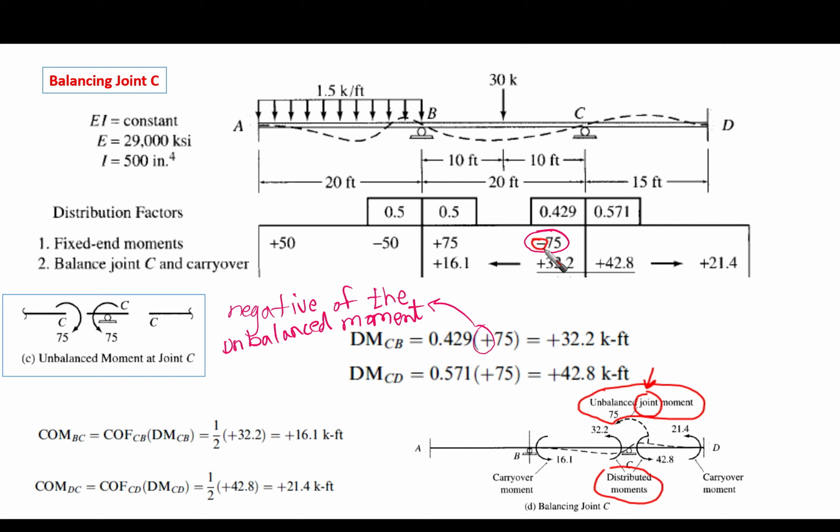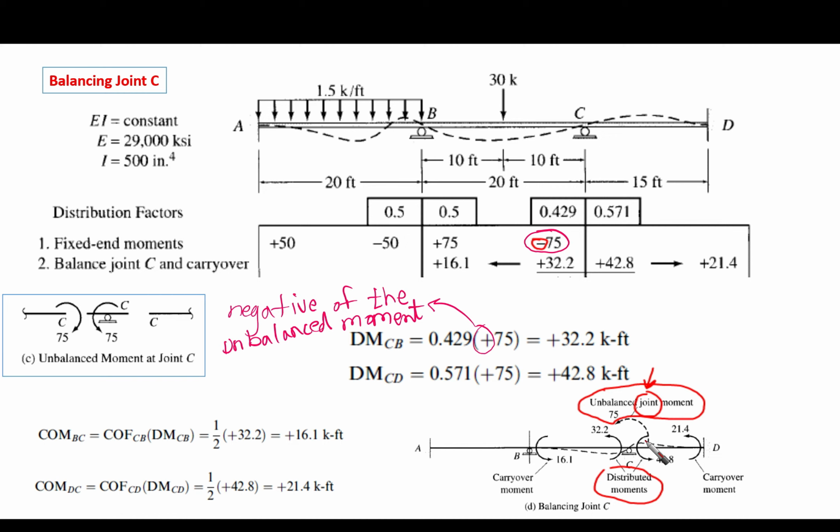We said many times that if the end moment is negative, the corresponding joint orientation or sense is going to be positive. So here this is 75, which is counterclockwise or positive. Take care, as I said many times, of the difference between end moment and joint moment.